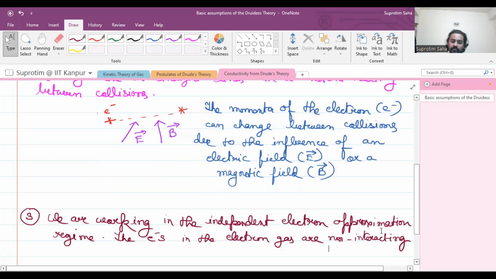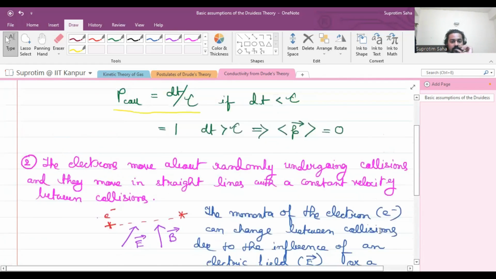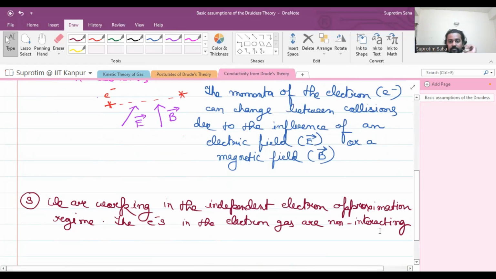All right. So they have no interaction between themselves. There's only kinetic energy, there's no potential energy, and this is called the independent electron approximation or the free electron approximation. All right. So please go back to the earlier lecture and read in detail from a very good book like Kittel or Ashcroft and Mermin, these assumptions, and try to get it in your head very clearly. These are the basic assumptions of what we are starting to read about, the Drude's model. All right. So these were the three assumptions.